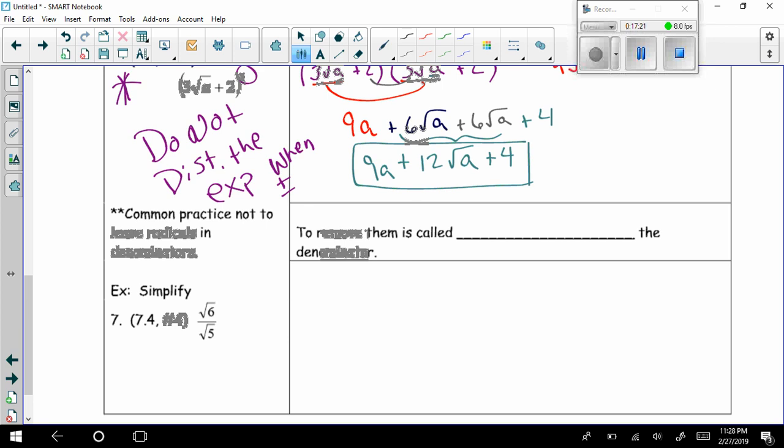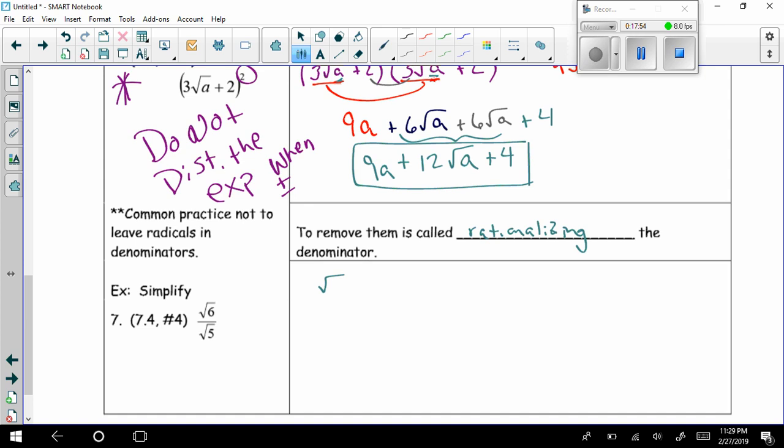Okay, this next section, I'm just going to kind of briefly cover, especially for those of you that still have the ACT to do. There's a common practice to not leave radicals in the denominator. And depending on your calculus teacher, when you get to that level, they may require it. The ACT, all of the answers presented will be rationalized. So to remove them is called rationalizing the denominator.